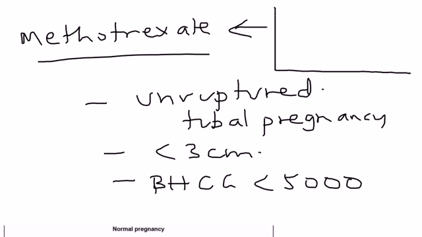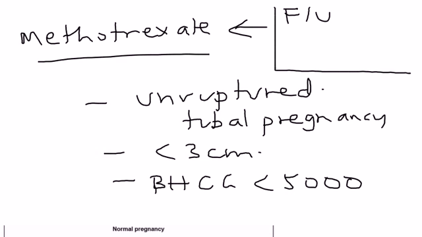But there's a very important part of this treatment, and that is the follow-up. How do you know that once you gave the medication that it's actually working, that it's actually helping to treat the ectopic pregnancy?